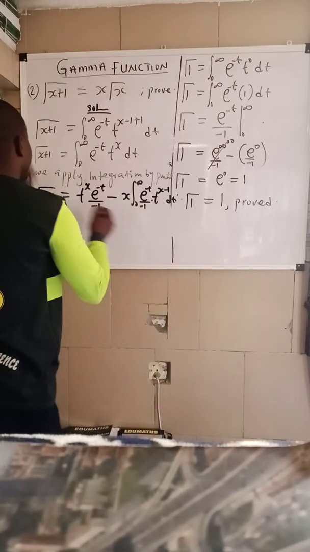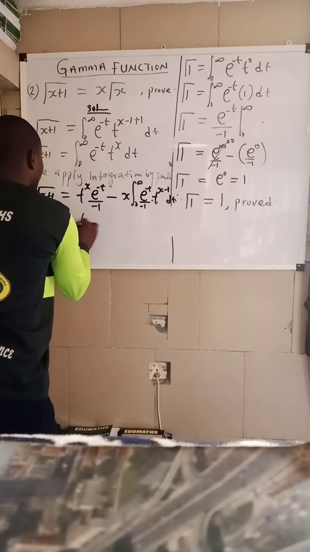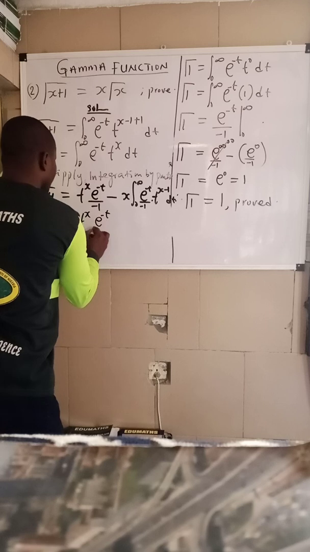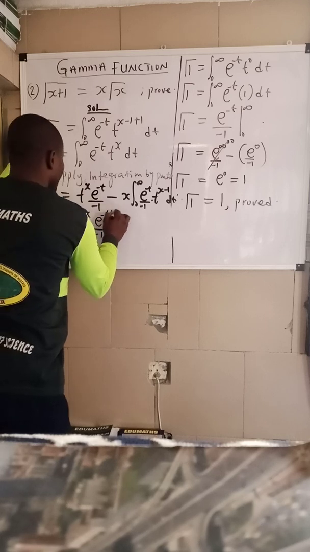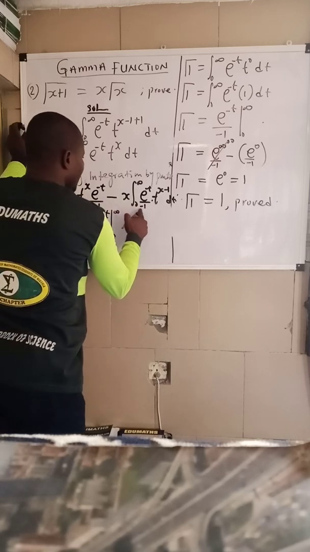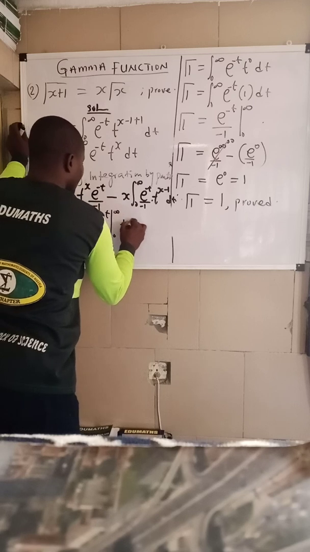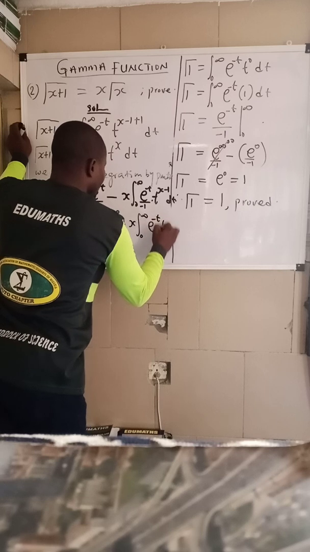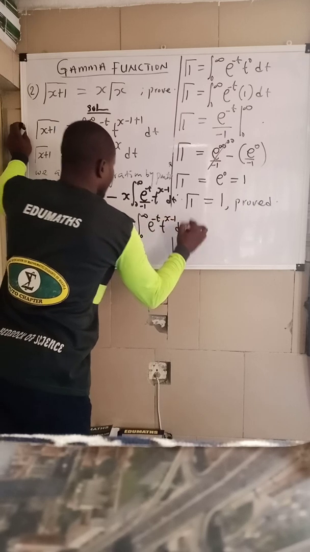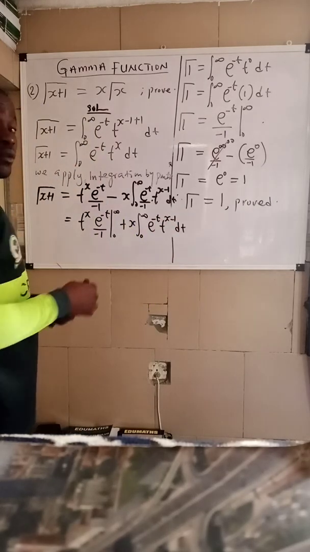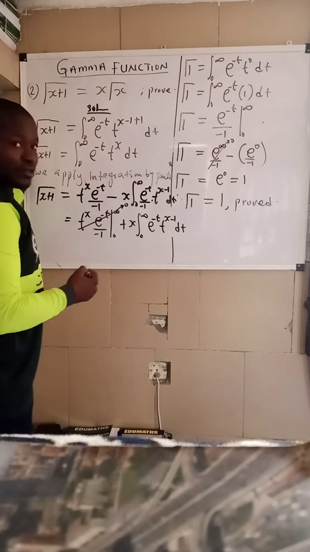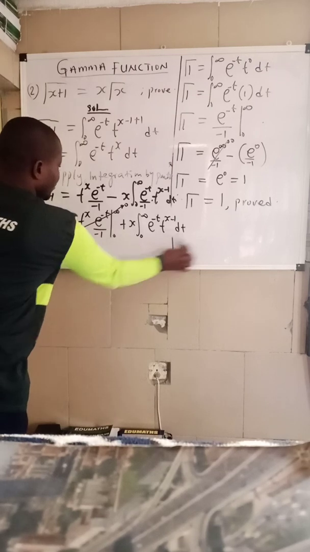Now from here, what we have is t raised to x, exponential minus t over minus 1, running from 0 to infinity, minus times minus is plus, x integral from 0 to infinity of exponential minus t raised to x minus 1 dt. Now remember, this first part will go to 0, so we are left with this part only.